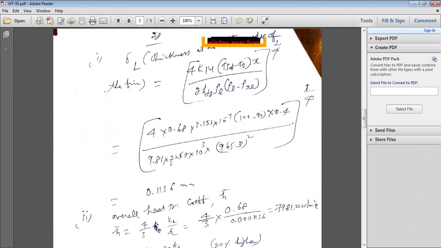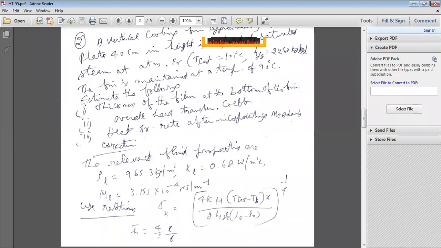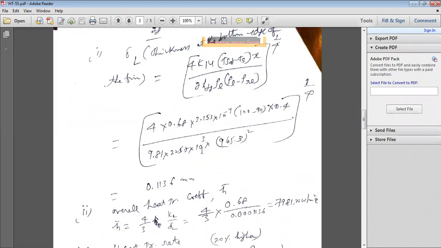Divided by g value 9.81 into hfg, 2257 kilojoules, but you have to convert into joules, 2257 into 10 cube, into rho L into (rho L minus rho V). Rho V is very small when compared to rho L, that's why you can neglect rho V. That's rho L into rho L, rho L square.